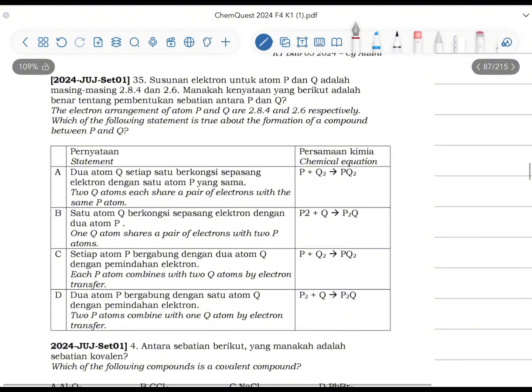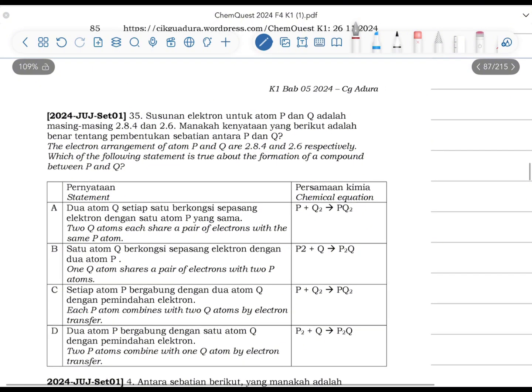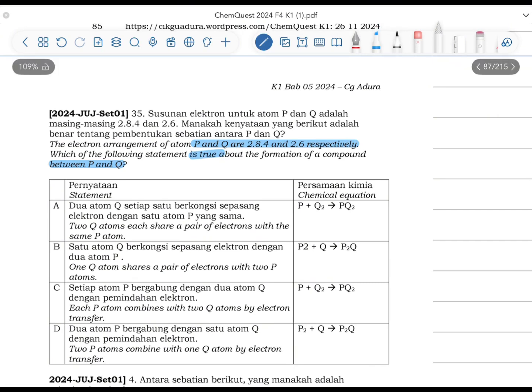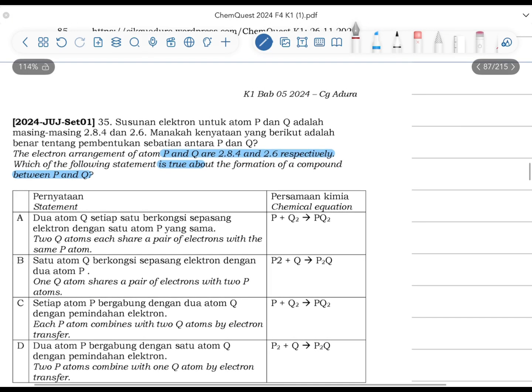Okay, next question. The electron arrangements for atom P and Q are 2.8.4 and 2.6 respectively. Which of the following is true for the formation of a compound between P and Q? We need to find a true statement. So first, let's figure out the chemical formula. P is 2.8.4, and Q is 2.6.